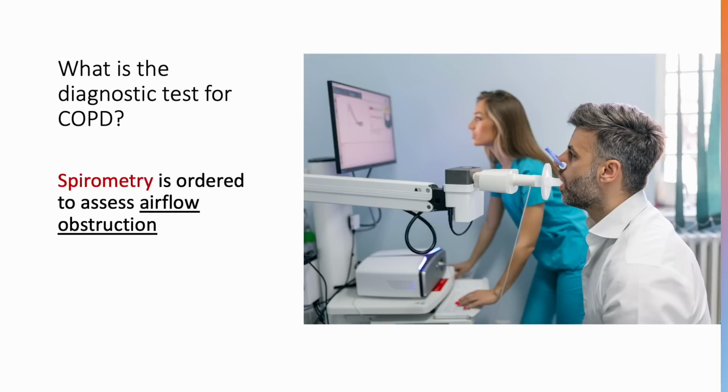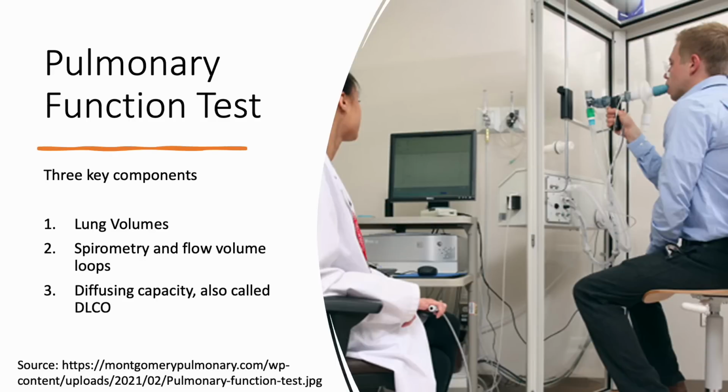Spirometry is ordered to assess airflow obstruction. But please keep in mind that spirometry is not the same as a pulmonary function test, since a pulmonary function test contains three key components: lung volumes, spirometry, and diffusing capacity, also called DLCO.